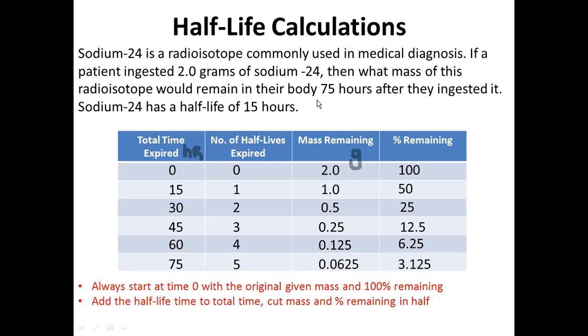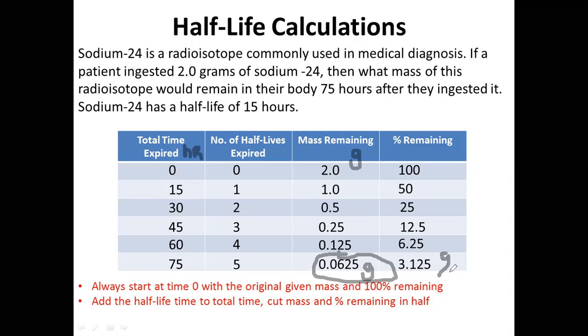We've learned that when 75 hours of time pass, the mass that's going to remain is right here. We just answered the question. What's going to remain is 0.0625 grams. If it asks what percentage remains, we would say 3.125% remains, but it asks for the mass that's remaining.